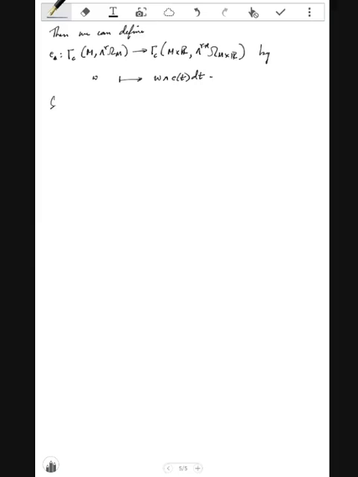So since E has compact support, it follows E lower star omega has compact support.